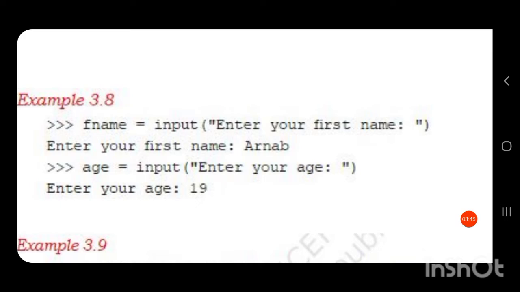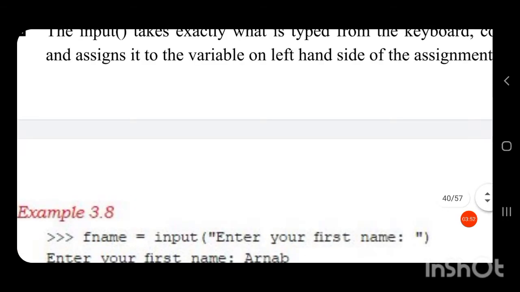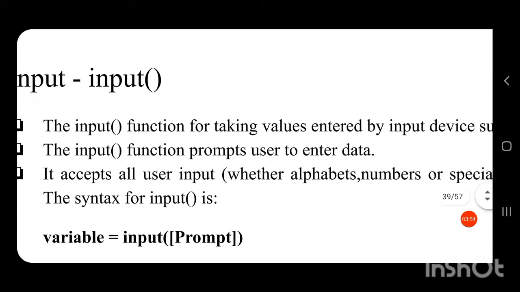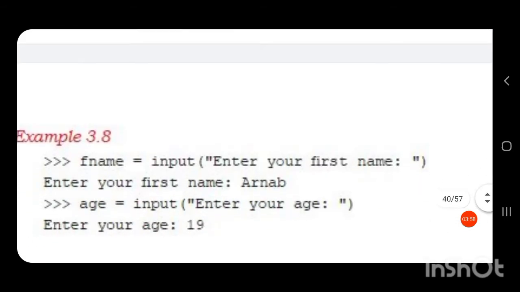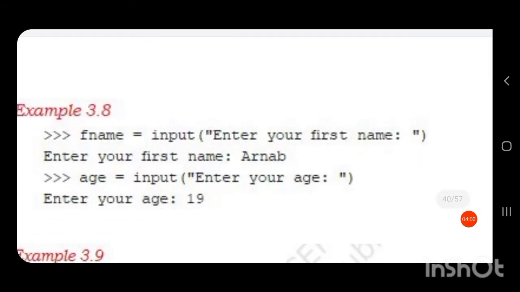So you can see f name is equal to input in parentheses. We have a function, it is the input function. In this bracket we have to write what is to be displayed, that is called the prompt. The user has to enter his name, so we have to write enter your first name.